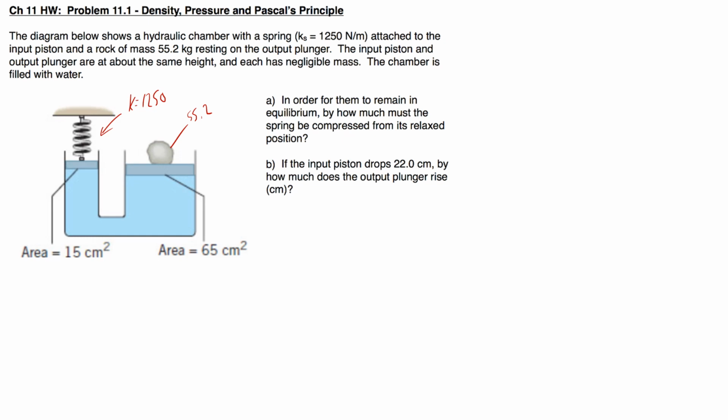Okay, so once you put them on there, how much is the spring going to compress? Well, to figure that out, we've got to figure out force. So F1 over A1 is equal to F2 over A2. F1, let's do the rock first. We know we're going to have 55.2 times 9.8 divided by 65, and that's going to equal F, because that's what we're looking for, right?